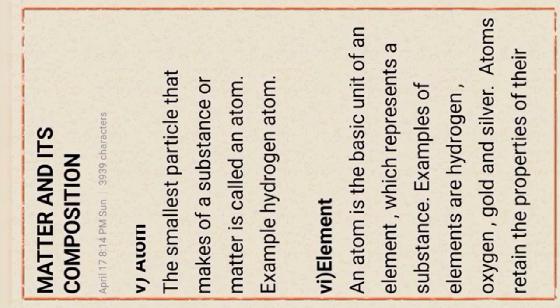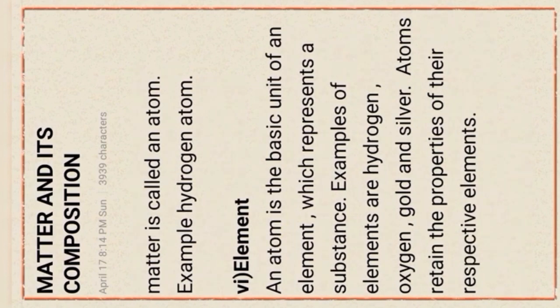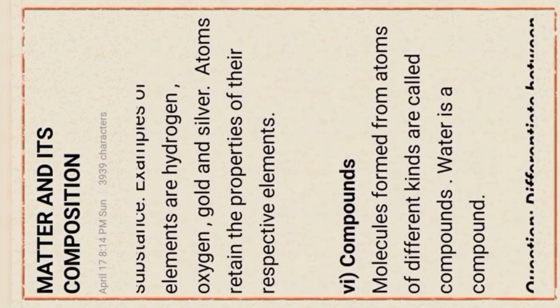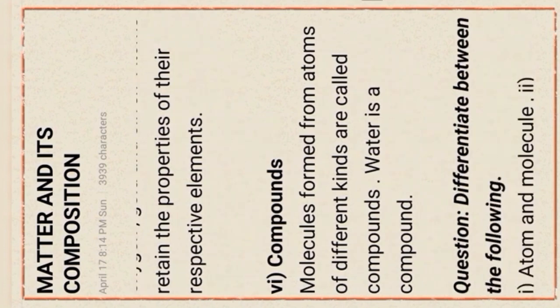Examples of elements are hydrogen, oxygen, gold, and silver. Atoms retain the properties of their respective elements. Next defined term, compounds. Molecules formed from atoms of different kinds are called compounds.